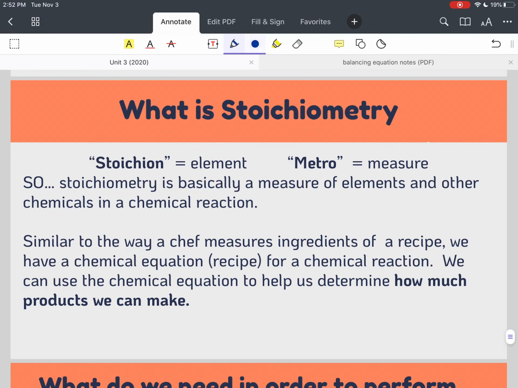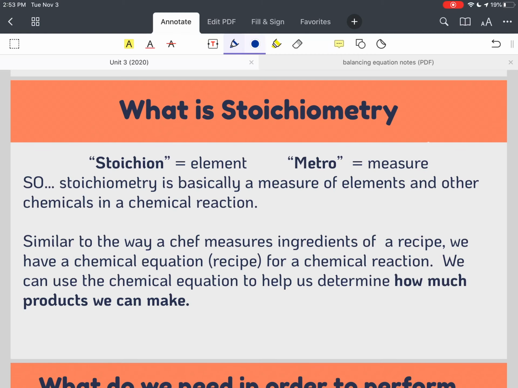So what is stoichiometry? This is the next page of your notes. I don't think you actually have to write this part down, but the word, where it comes from, stoichion means element, metro means measure.